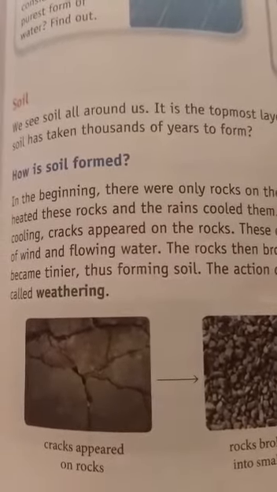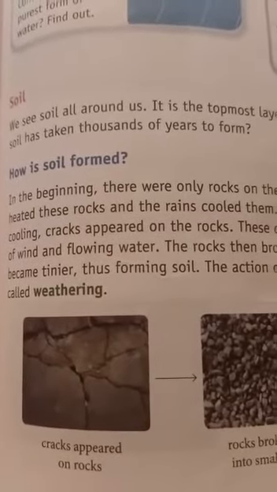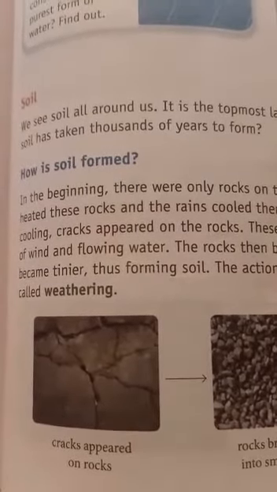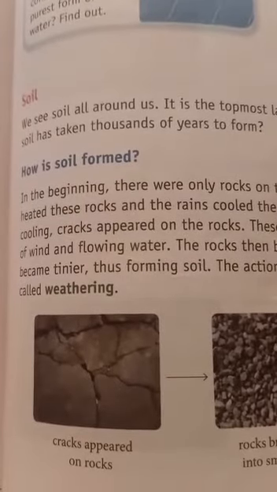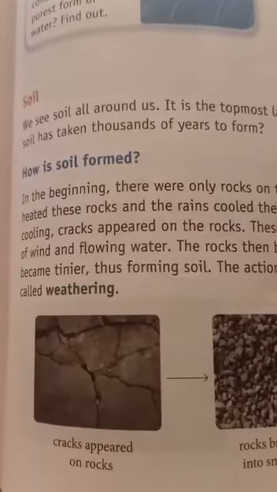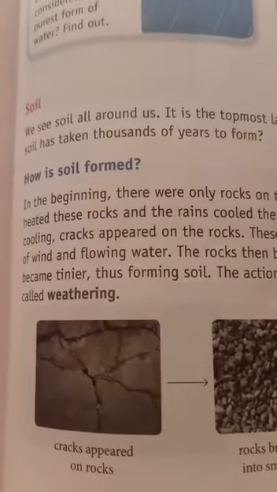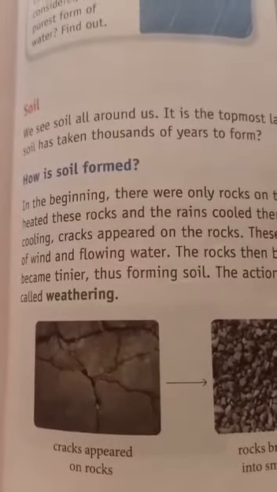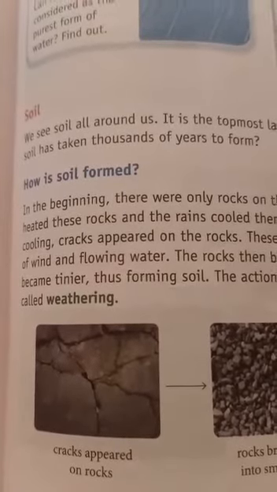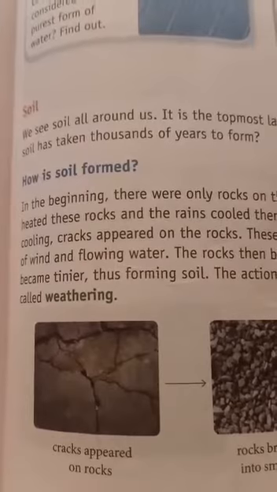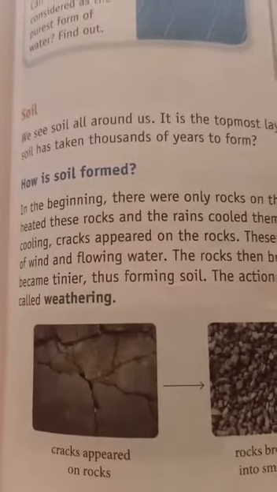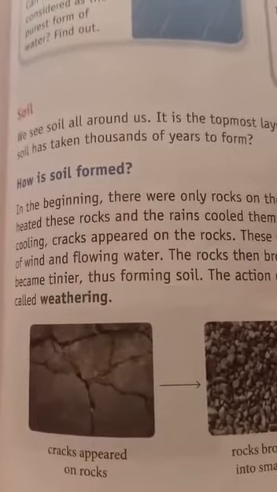Let's see how the soil is formed. Do you know? Long ago, the surface of the earth was covered only with huge rocks. Soil is formed by the breaking of those rocks, and the breakdown of rocks into soil is a very slow process, and it takes thousands or even millions of years.